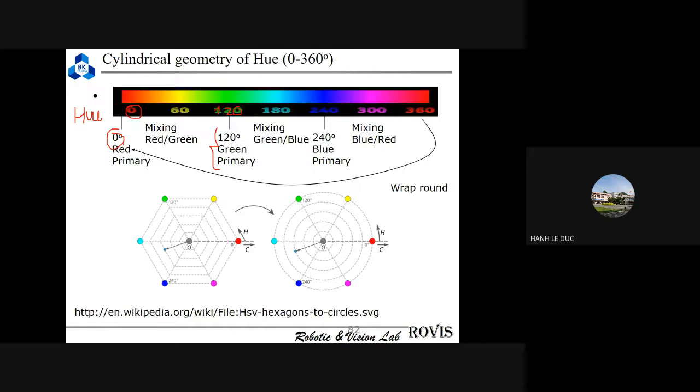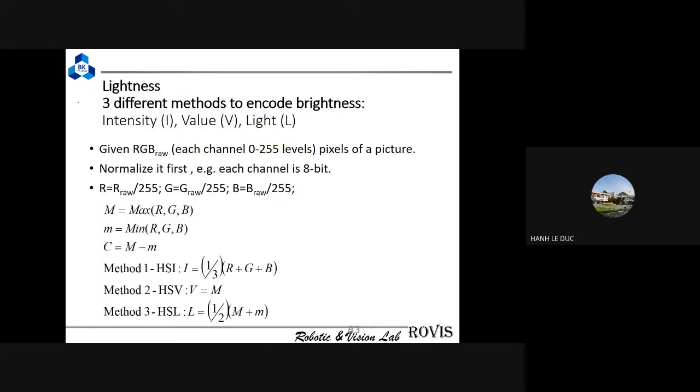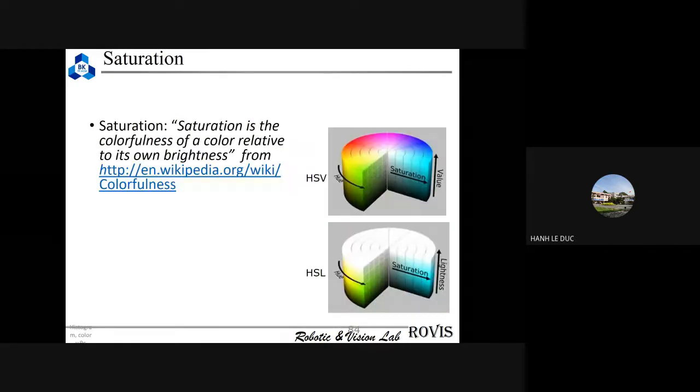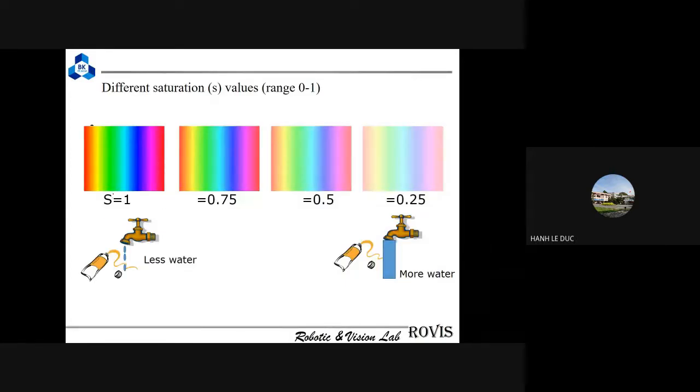So the Hue value will choose the color, and the S value here will decide how to say, the intensity of the color. So S equal to 1, you will have a very bold color, right? And then change the value here, it will be very light, something like that.